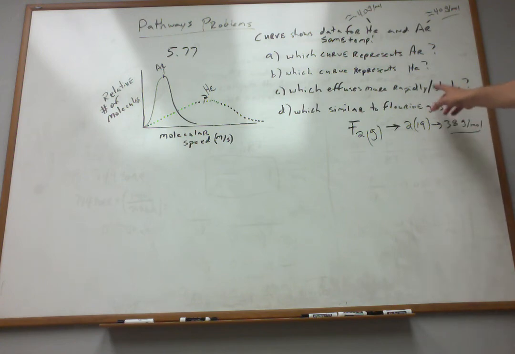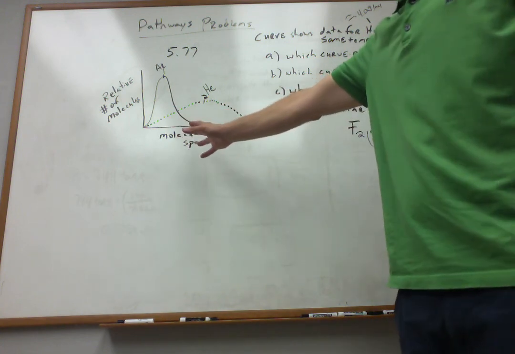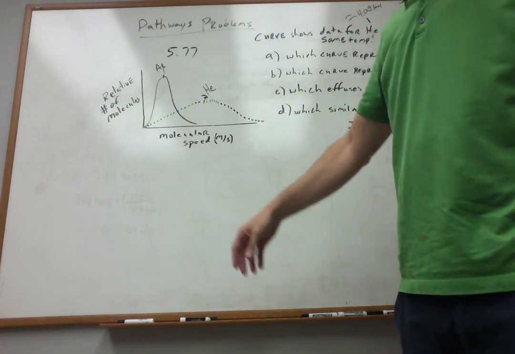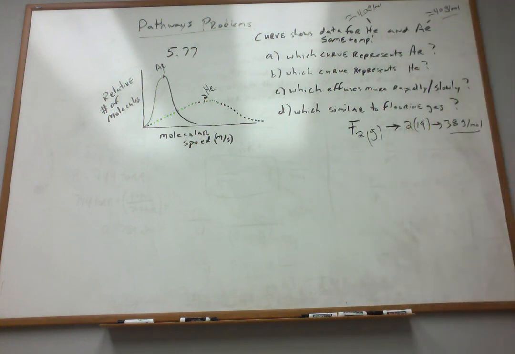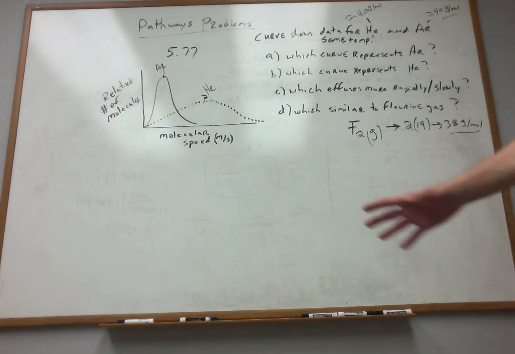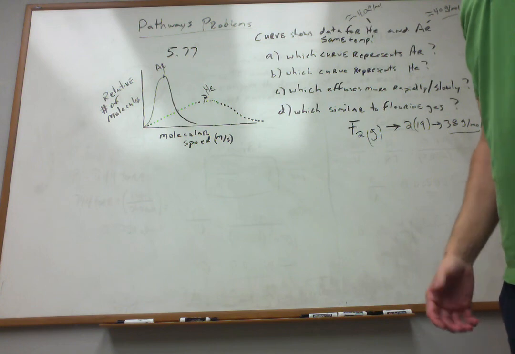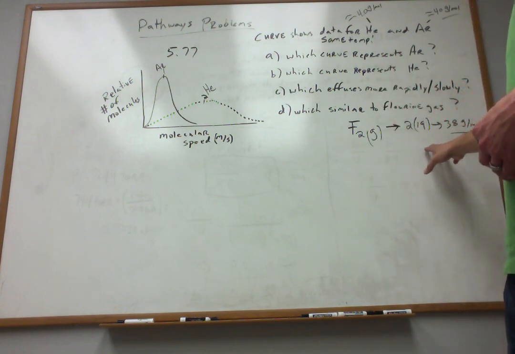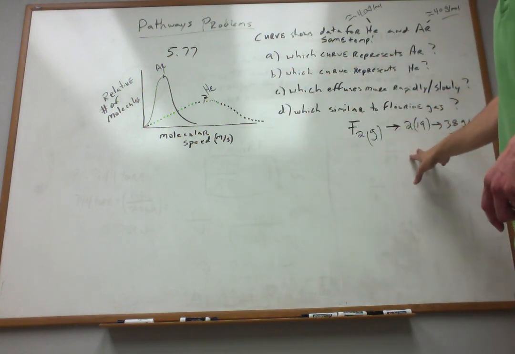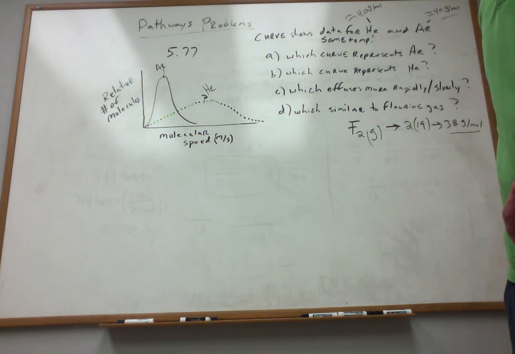Now, clearly, 38 is pretty darn close to 40. So I would expect fluorine gas to exhibit behavior somewhat similar to argon in terms of its molecular speed distribution at this particular temperature, and also with respect to its effusion behavior. It's a little bit lighter, so maybe it effuses a little bit faster than argon, and maybe there's a little bit of shift towards the right here. But if I'm going to compare which of these two gases fluorine behaves most like, I'd be forced to say argon for sure.